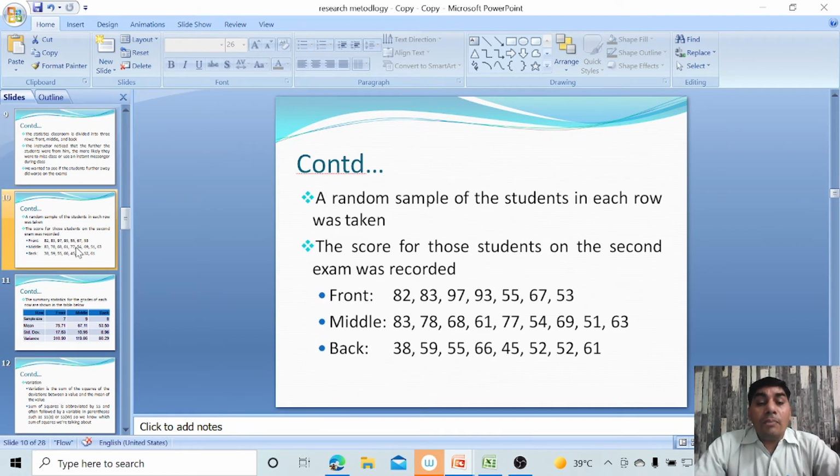A random sample of the students in each row was taken. In one way ANOVA, we are taking random samples. The scores of these students on the second exam, the second exam results, are recorded, starting with the front row.